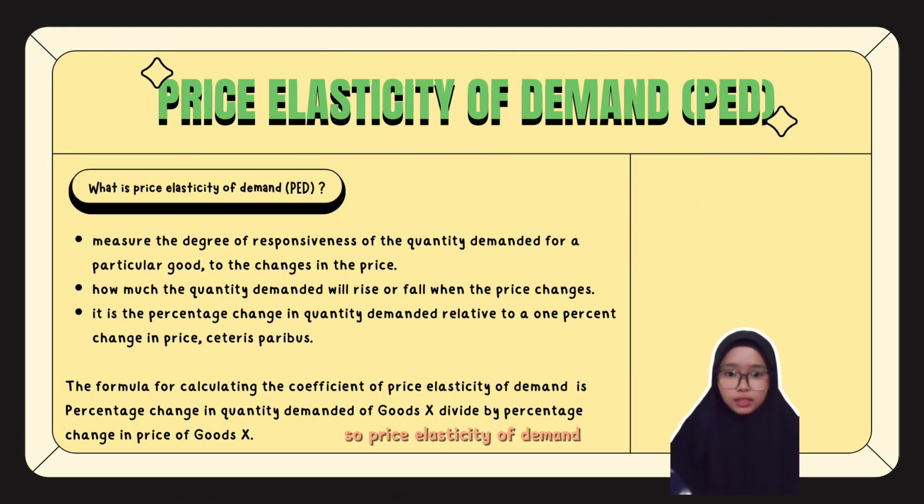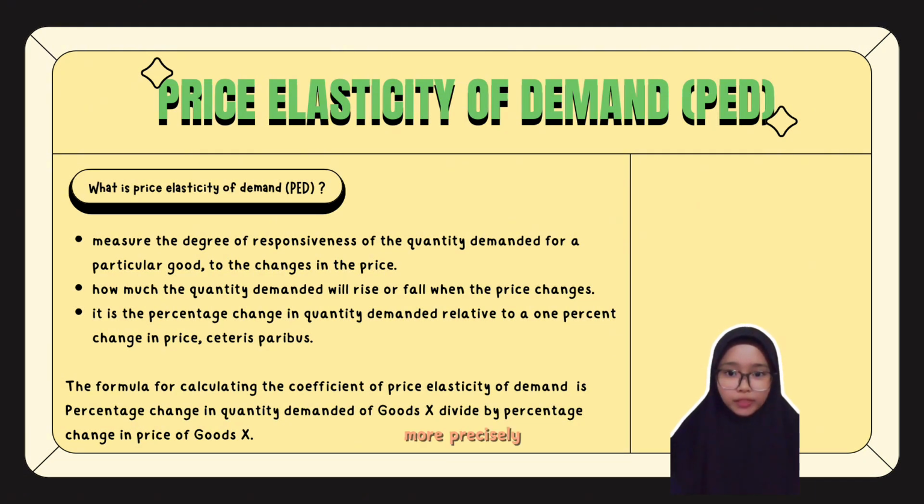So, price elasticity of demand measures the degree of responsiveness of the quantity demanded for a particular good to changes in price. In other words, it tells us how much the quantity demanded will rise or fall when the price changes.